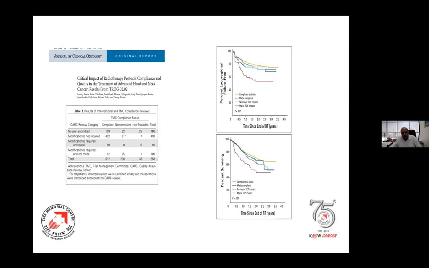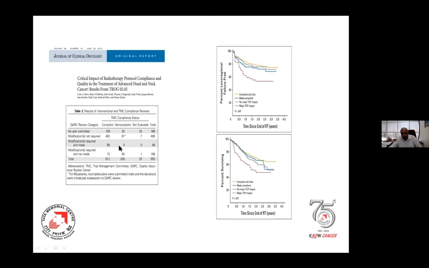In that quality assurance, what happened was that for more than half of the patients, what was planned was submitted and no modification was required. In nearly 110 patients, there was some modification. Some were not submitted at all. Out of these 166, 109 were compliant and 2 were non-compliant.